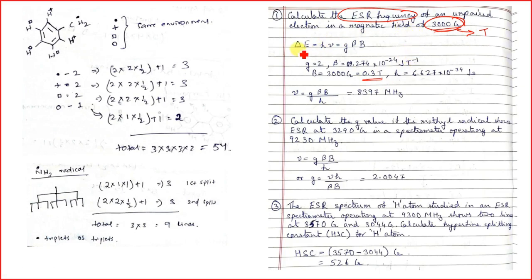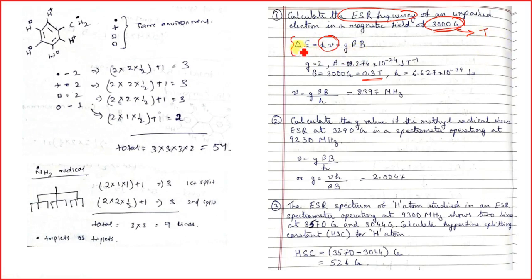Now we have discussed that delta E is equal to h mu, where mu is the Larmor frequency, and this energy h mu is absorbed by the electrons to move from the low energy state to the high energy state, and while it moves back to its original position, it will release that energy of the same frequency.